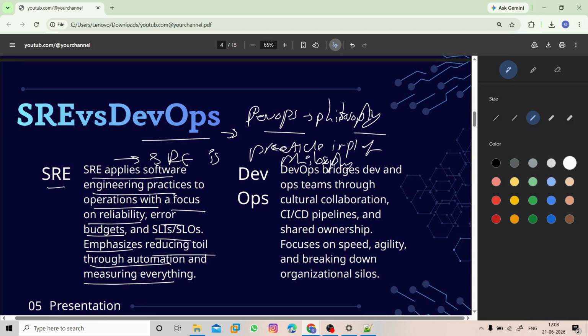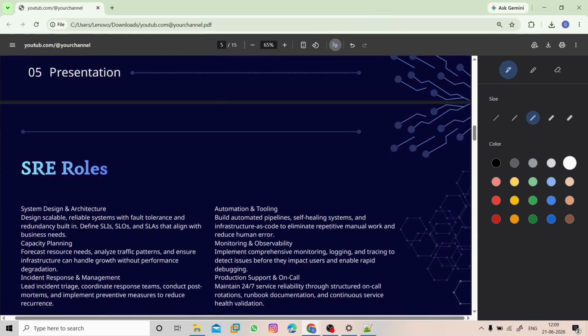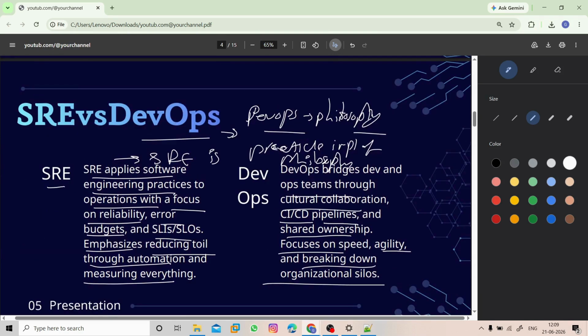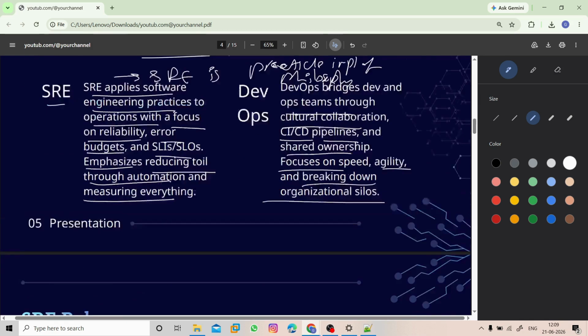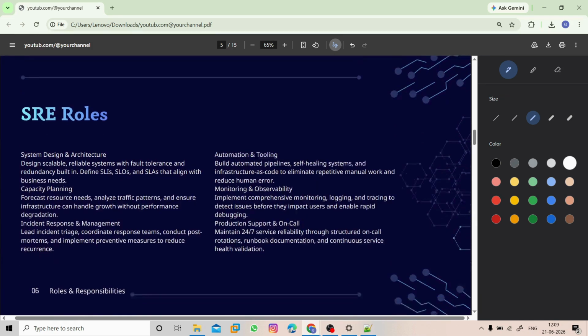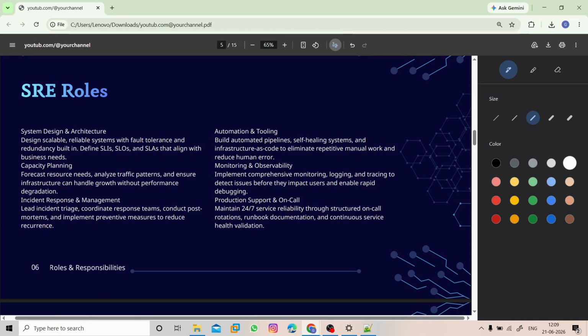But DevOps bridges the dev and operations teams, with cultural collaboration, CI/CD pipelines, and shared ownership, focusing on speed and agility and breaking down organizational layers. So that is the main difference. DevOps is a philosophy. SRE is a practical implementation of that philosophy.